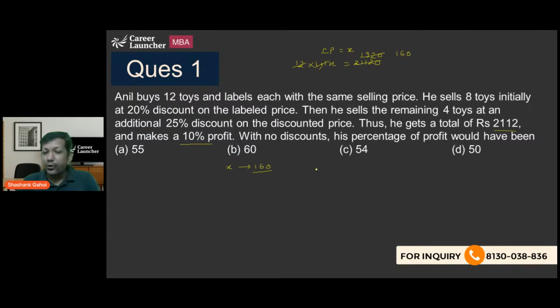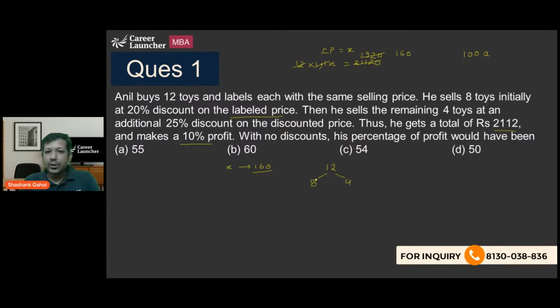There are 12 toys, and I am looking for the mark price, the label price. I am assuming his mark price is 100A. Out of 12 toys, we have 8 toys and 4 toys.